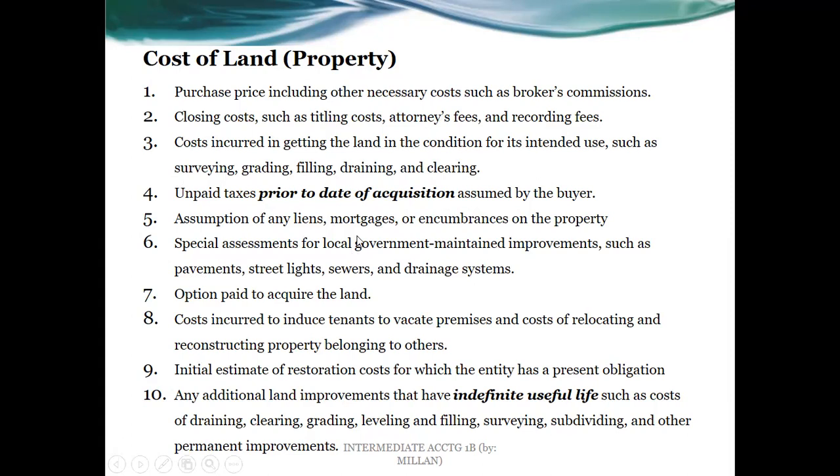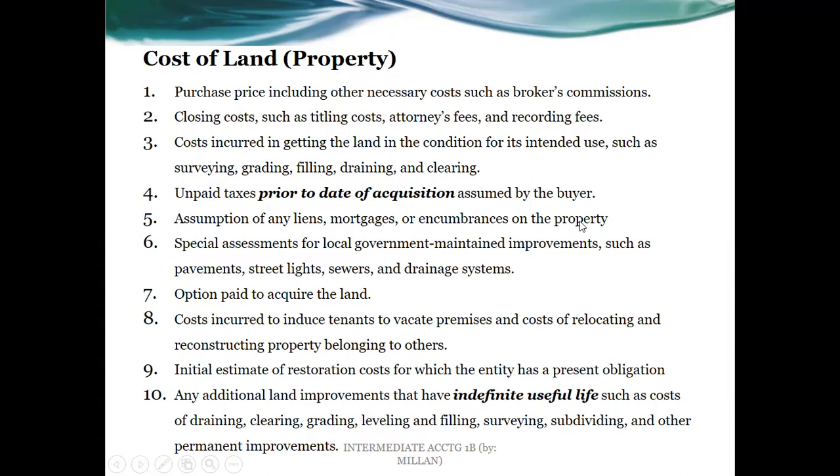Then any unpaid taxes prior to date of acquisition. Let's say there are real property taxes unpaid by the owner before and then assumed or paid by the buyer now. Then any liens or mortgages or encumbrances on the property.